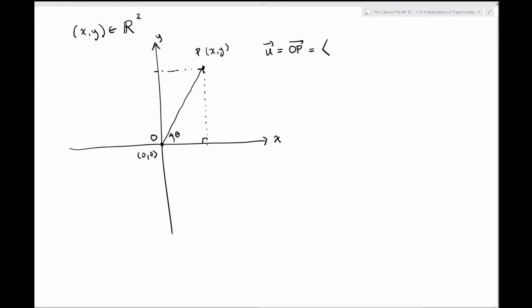So you take the coordinates for P first. So it's going to be the x coordinate for P, which in this case is x. And you're going to subtract 0 from it because that's the x coordinate for O, the origin, comma, and then you have y minus 0 because that's the y coordinate, and the difference between the two in the order of P and O. So it's P minus O. So in this case, we take U to look like this, x, comma, y.